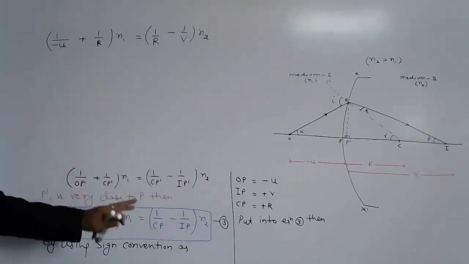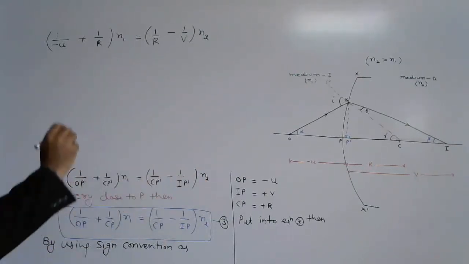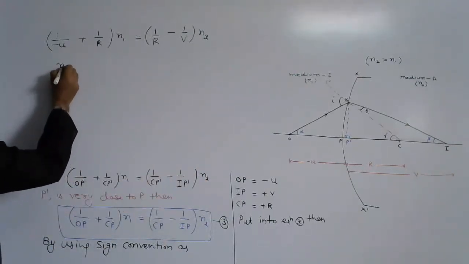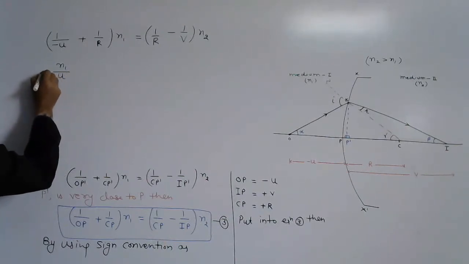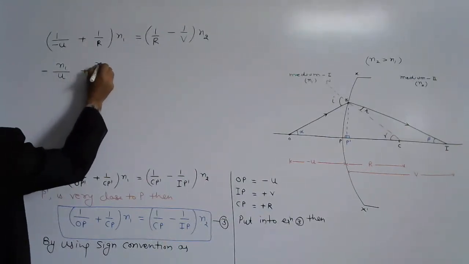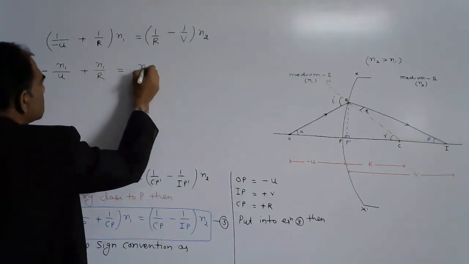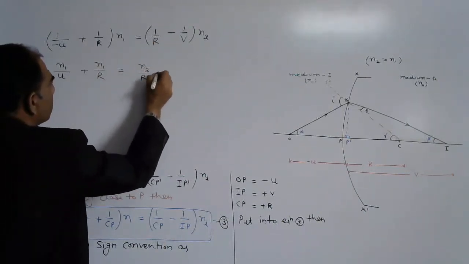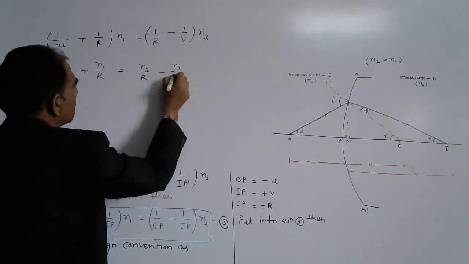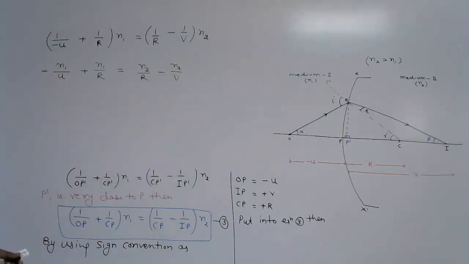Putting in these values, it becomes n1 upon u, minus plus n1 upon R, is equal to n2 upon R minus n2 upon v. Rearrange this equation.